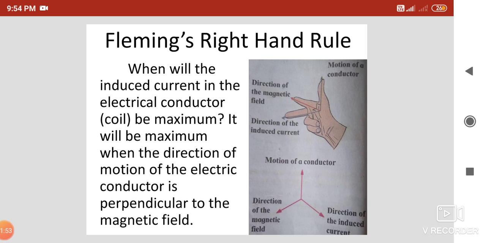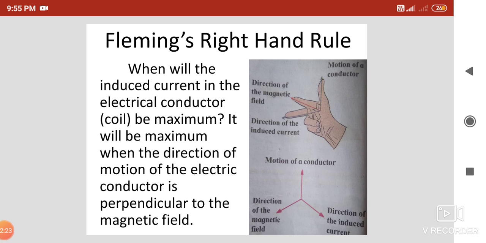To get the maximum induced current, the direction of the magnetic field and the direction of motion of the conductor must be perpendicular to each other.